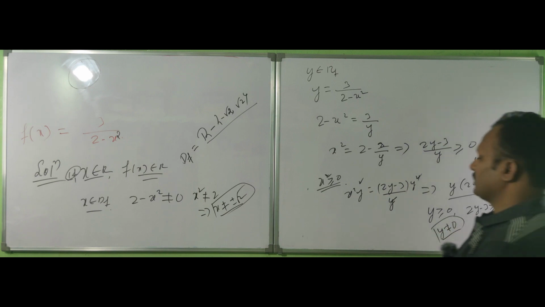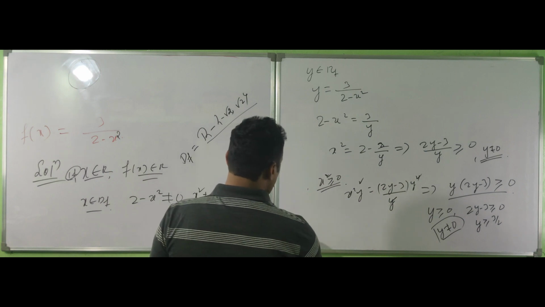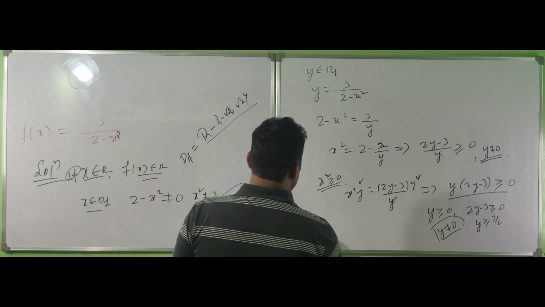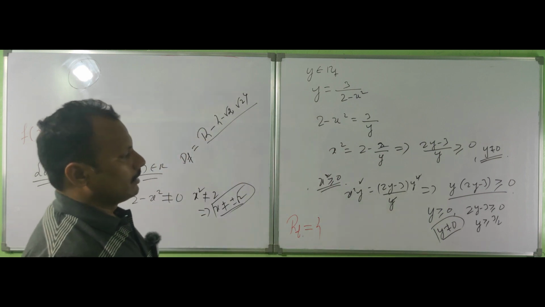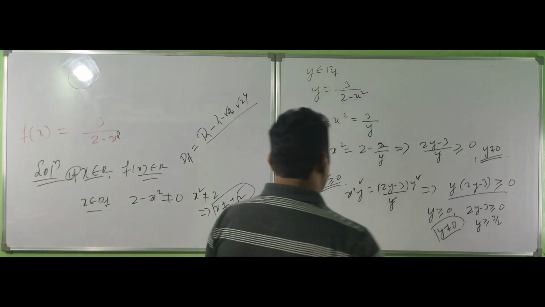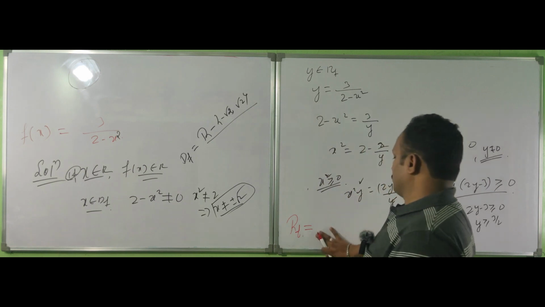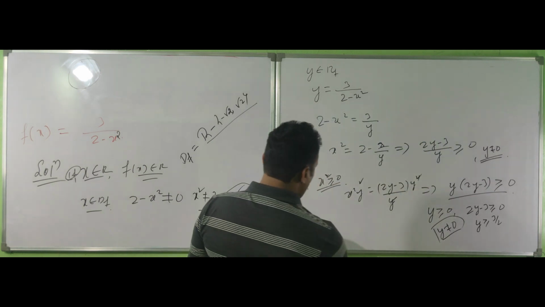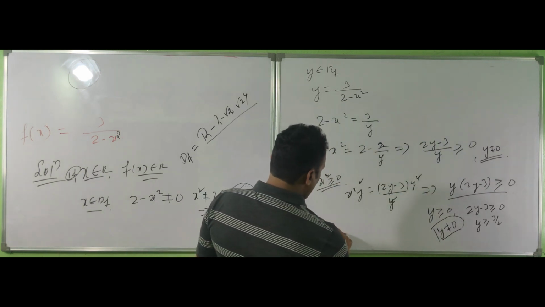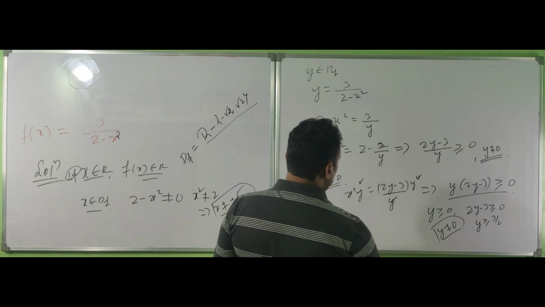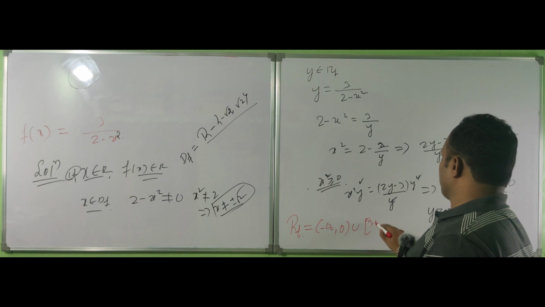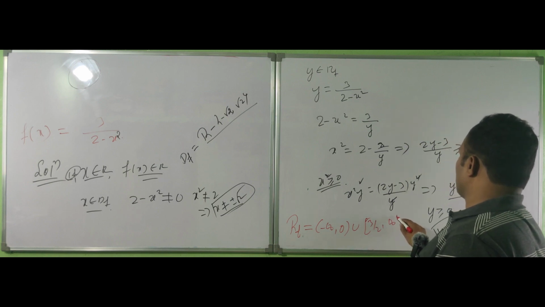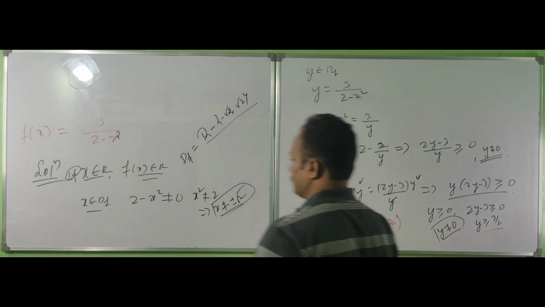Then how we will write the range of f? Except 0, I should write minus infinity to 0 union 3 by 2 to infinity, open and close. Is it right?